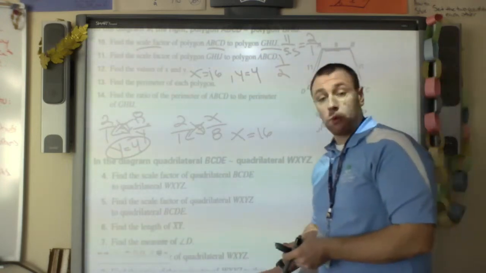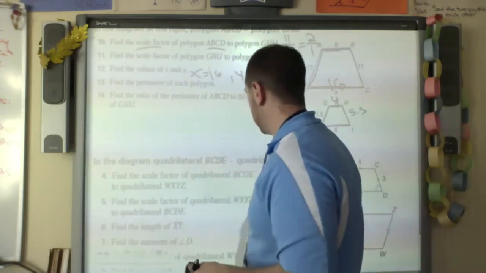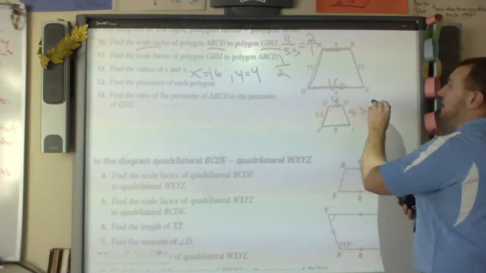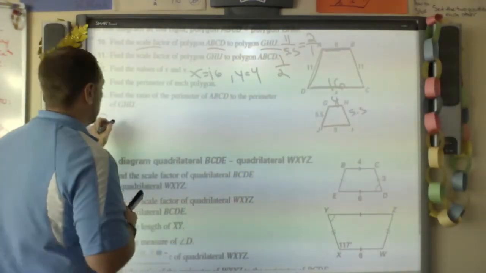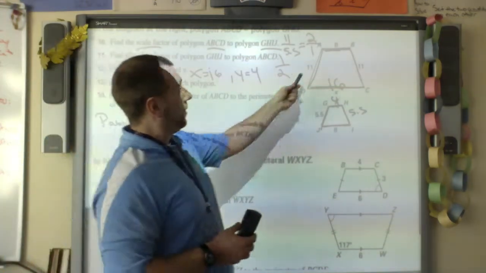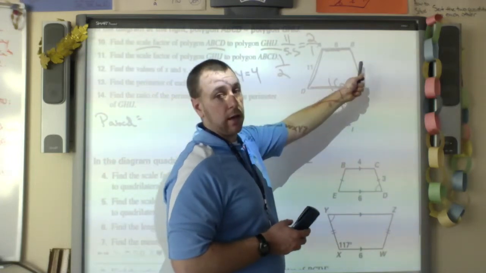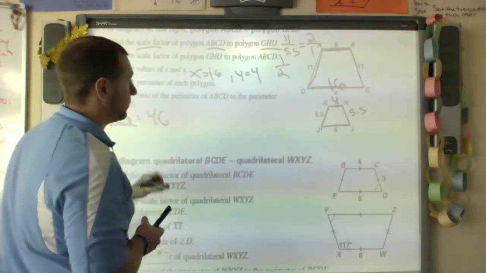How do I find the perimeter for question 13? I add all the sides. So in this case, the perimeter of ABCD is just going to be 8 plus 11, that's 19, plus another 11 is 30, plus 16 is 46.